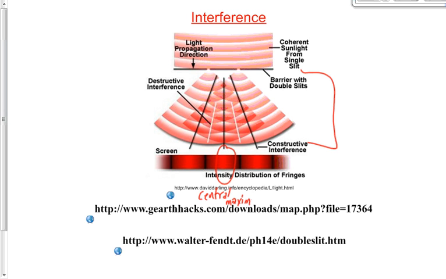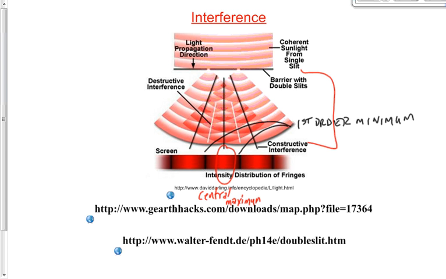Maximum because it's a bright spot, and central because it's in the middle. Right next to that central maximum on either side, we're going to see what we call our first order minimum. It's a dark spot, a dark spot on either side.